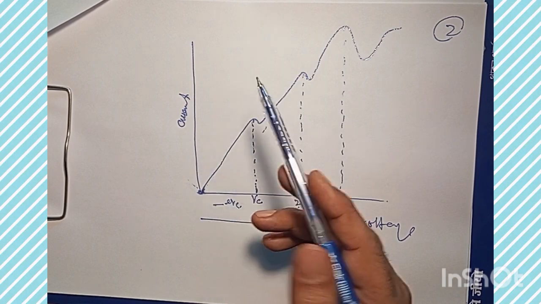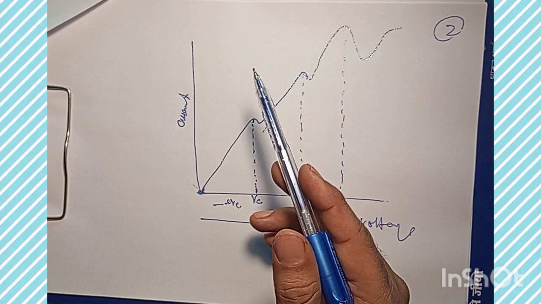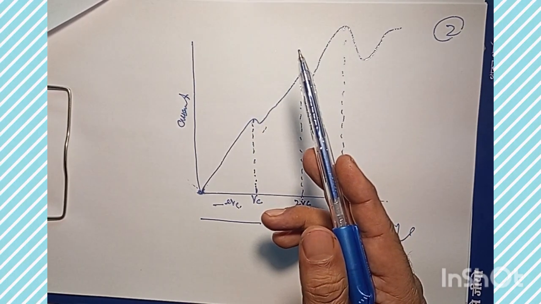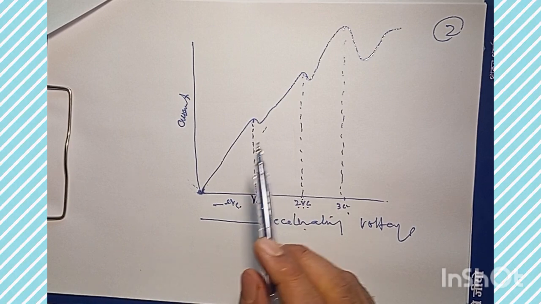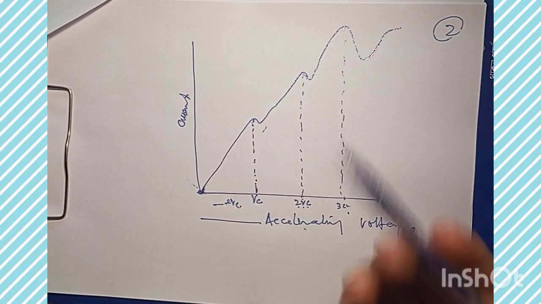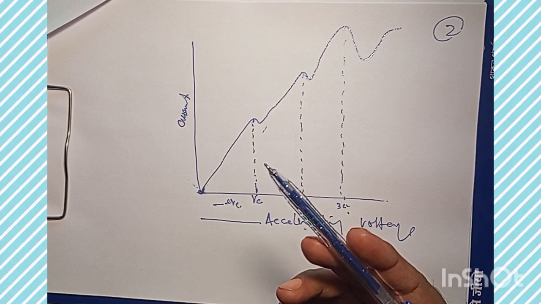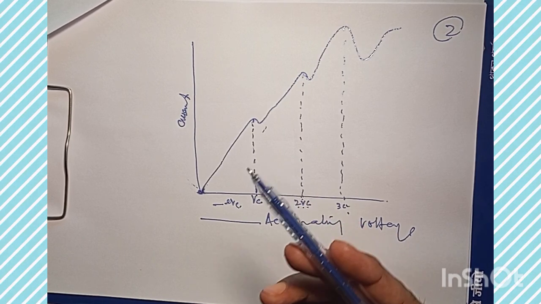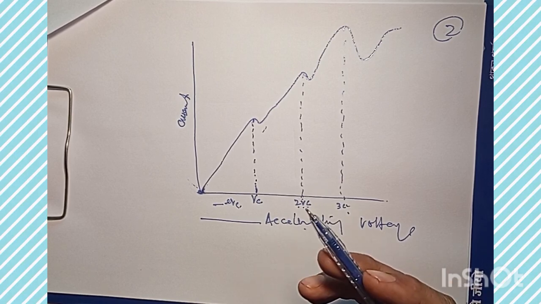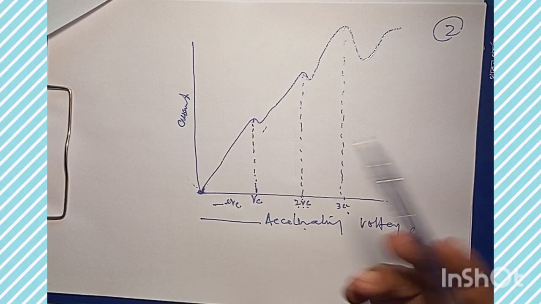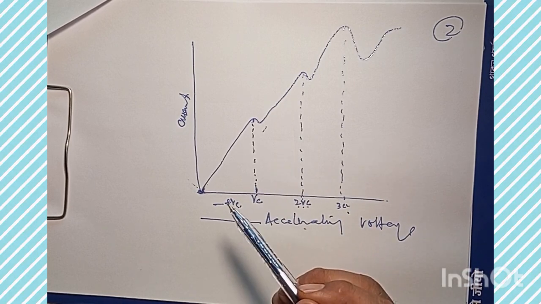And atoms which have more than one excitation potential can also have more than one ionization potential. Therefore, in an actual experiment, the curves obtained are quite complicated, and we cannot distinguish between excitation potential and ionization potential.